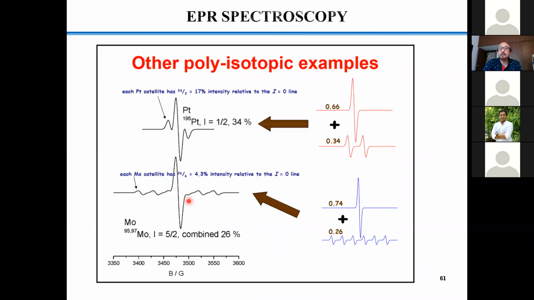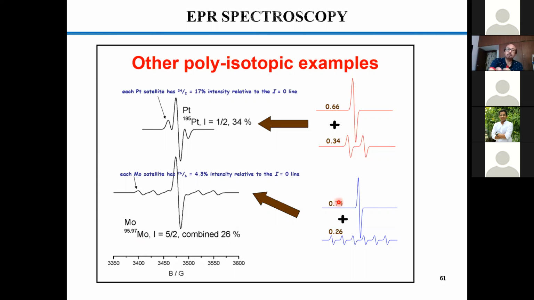If you take D4S2 and then molybdenum 5, you are essentially getting a D1 setup. And if your molybdenum isotope distribution is 95, 97, you see I equal to 5 by 2, total 26%. And you have 94 and 96, around 75% or 74%, with no I value.